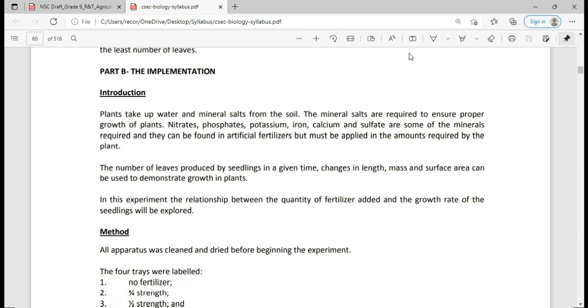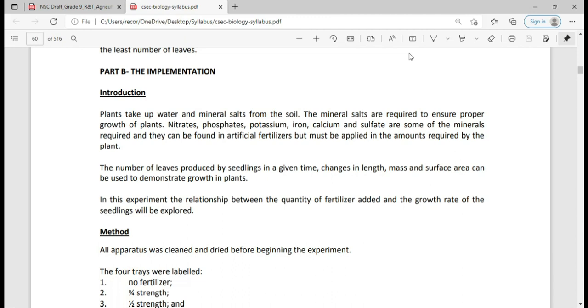Nitrates, phosphates, potassium, iron, calcium, and sulfate are some of the minerals required, and they can be found in artificial fertilizers but must be applied in the amount required by the plant.